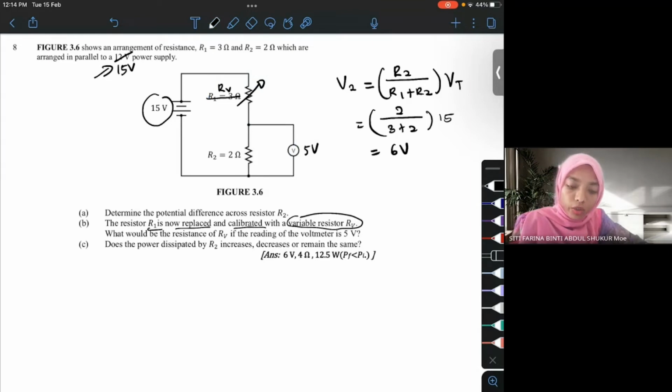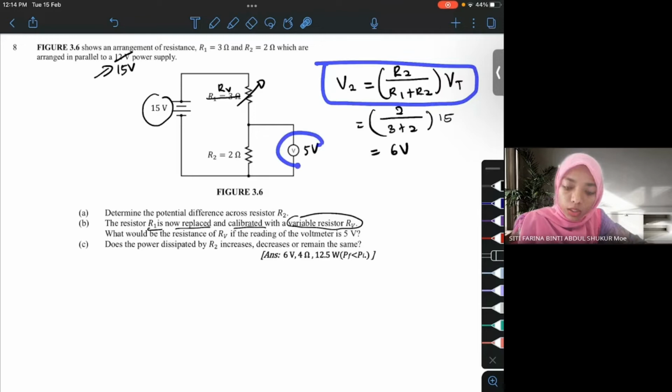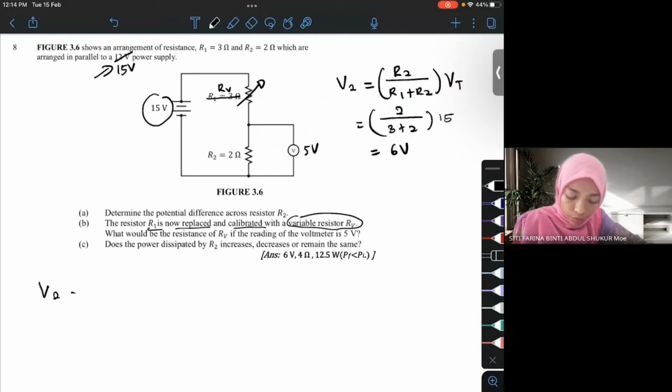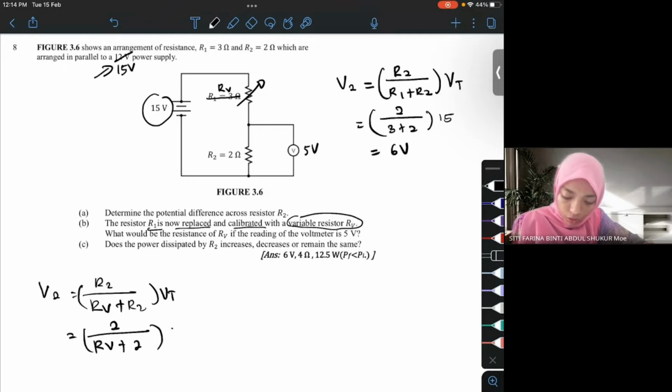Okay, so we are going to use the same equation, because this voltage is read across R2. So you are going to have V2 equals R2 over R total, except now our R total is RV plus R2, multiplied by V total. Okay, R2 is still the same, 2, RV is what we are looking for, plus 2, your V total is still the same, 15. So now your voltmeter is going to read 5.